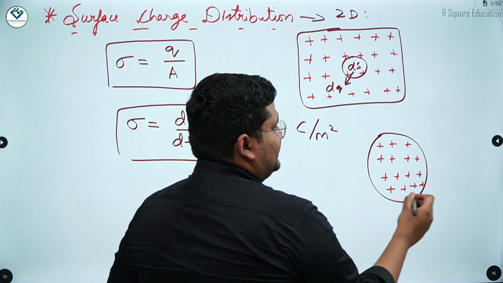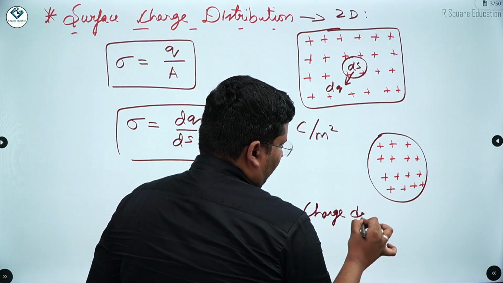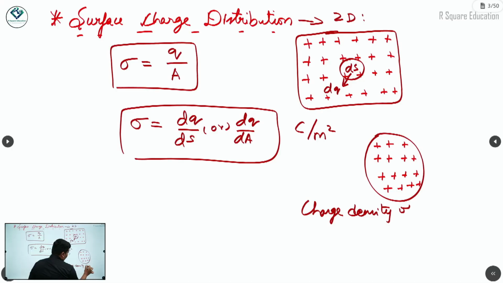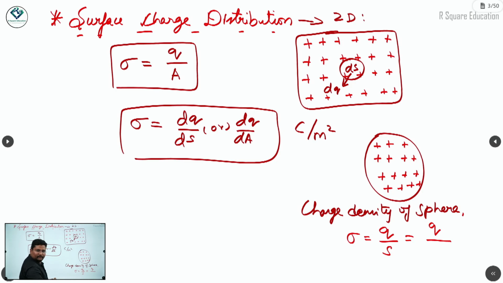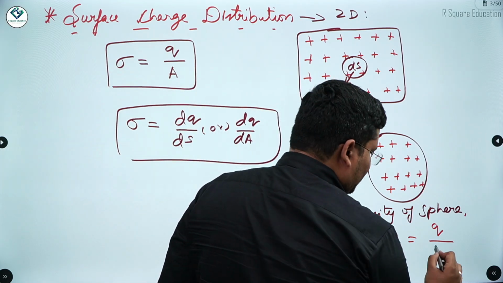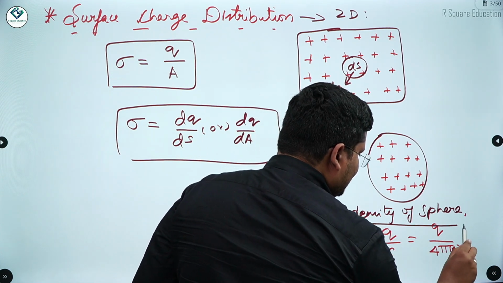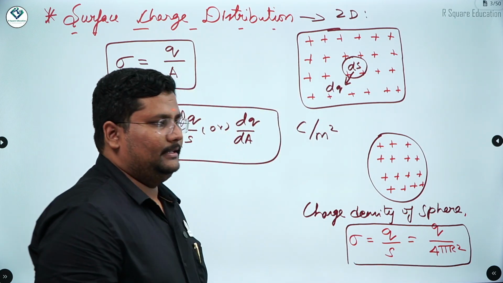So in this case, the charge density for the sphere, which is given as sigma, is equal to Q by S or A. So it will be Q divided by the surface area of the sphere, which is 4 pi r square. So this is going to be the surface charge density of the sphere.